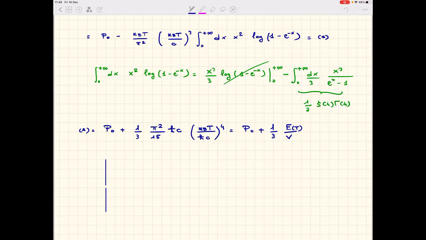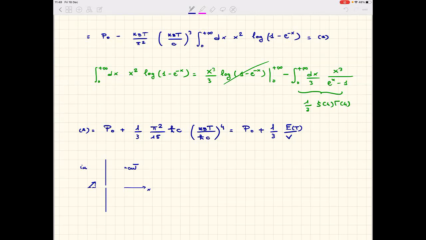Because this is outside and this is inside. Only particles which have a projection of the velocity in the x direction that is positive can get out.